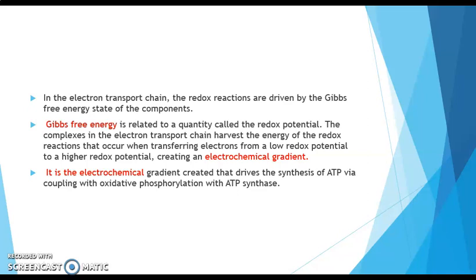So this is how the Gibbs free energy is involved. That means in the redox reaction, the transfer of electrons occurs from low redox potential to high redox potential, and the electrochemical gradient created drives the synthesis of ATP. How? Through the coupling of oxidative phosphorylation with ATP synthase.